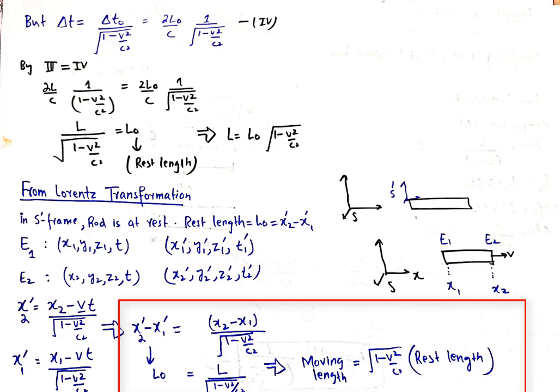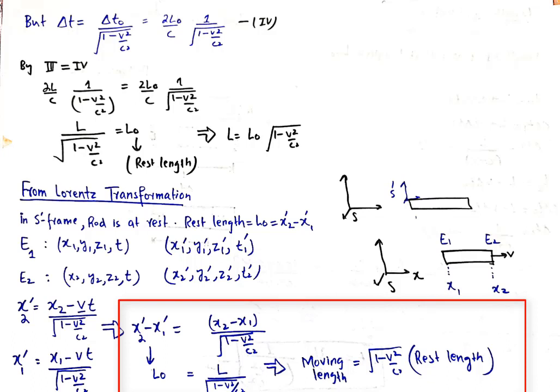Therefore this is L0, and if I call x2 minus x1 the length of the rod in the frame in which it is moving, then it is L.